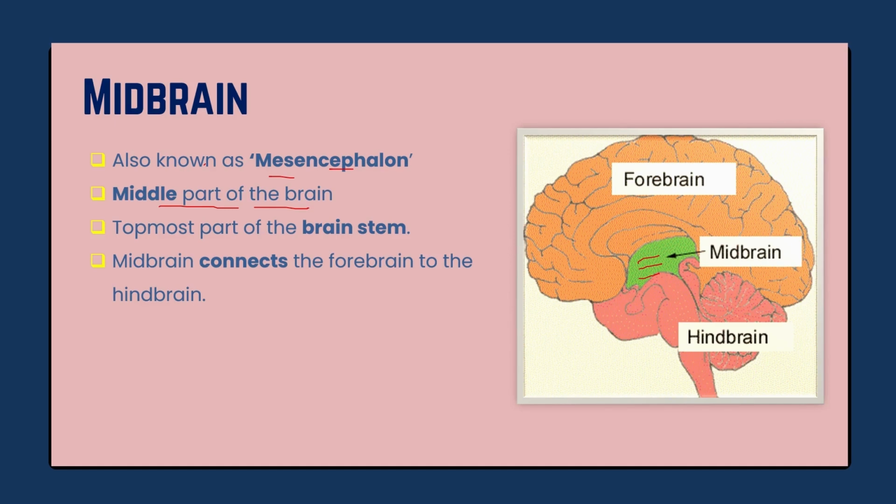Okay, if you see here, this part you see, this is the brain stem, and your midbrain happens to be on top of this brain stem. All right, and you can also see here that the midbrain connects the forebrain to the hindbrain. Here is your forebrain and here is your hindbrain, and this green midbrain is connecting both these parts.